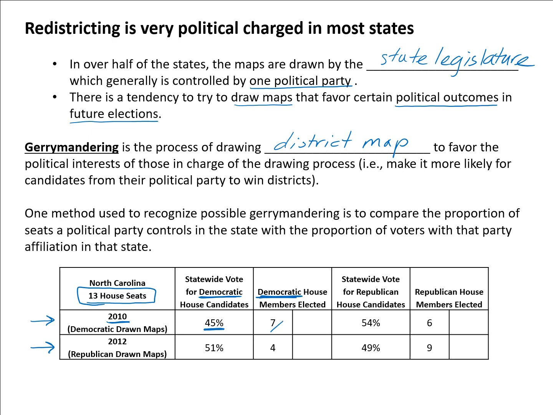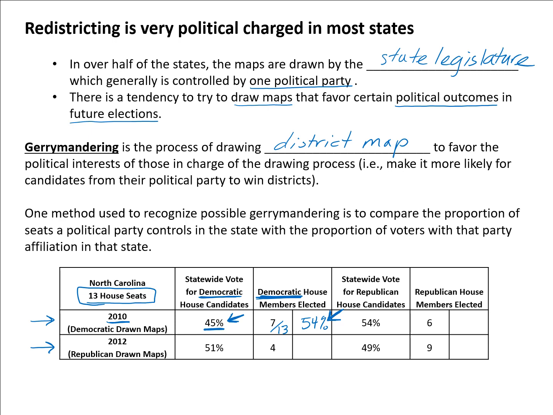So 7 out of 13 is 54% of the members elected to the House being Democrats. You had 45% of people voting for Democrats in the state, but 54% of the seats went to Democrats. It is higher, but it is still pretty close to 50-50. You're just under 50% with 45, you're just over 50% with 54.